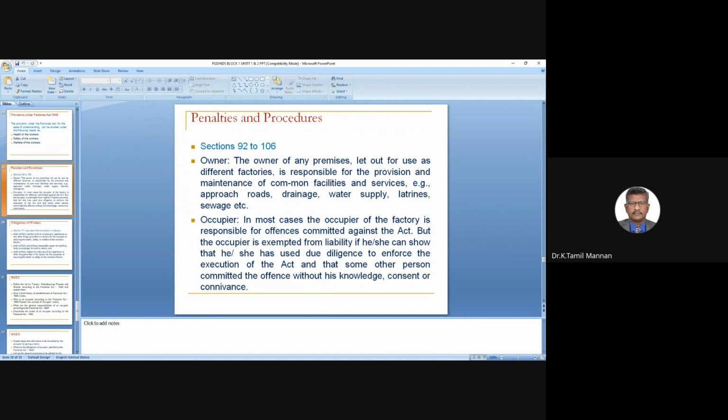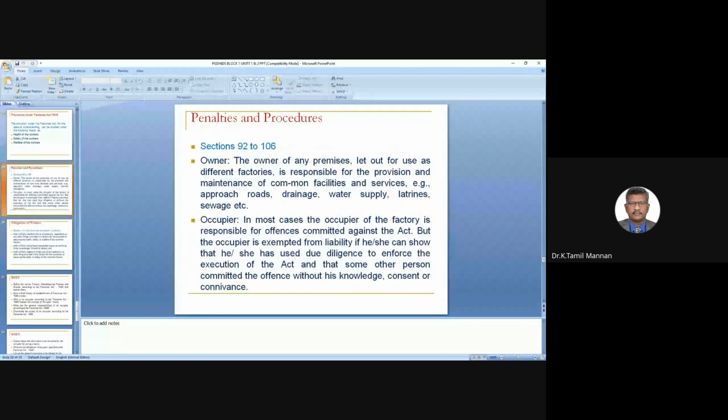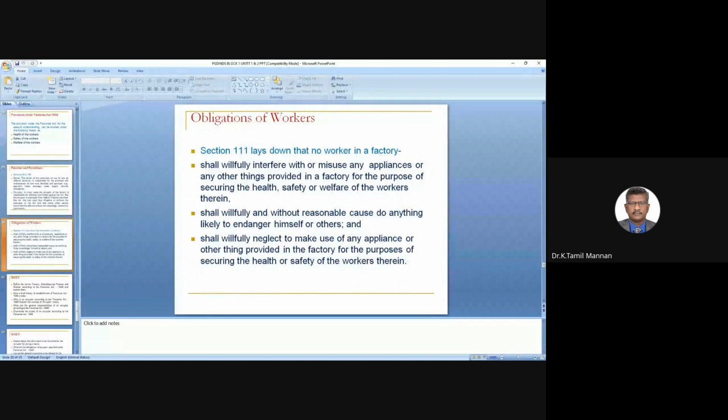So the industry has to pay the penalties if the basic necessities and facilities are not provided, according to sections 92 to 106. Similarly, for basic facilities not provided, according to section 111, the industry has to pay the penalty for lack of providing the health, safety and welfare of the workers.